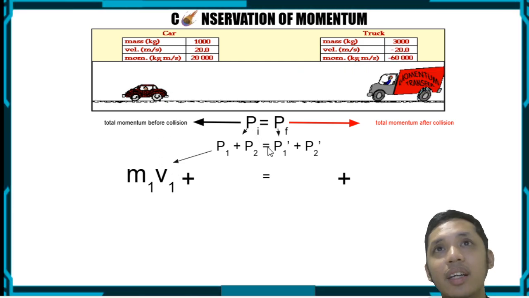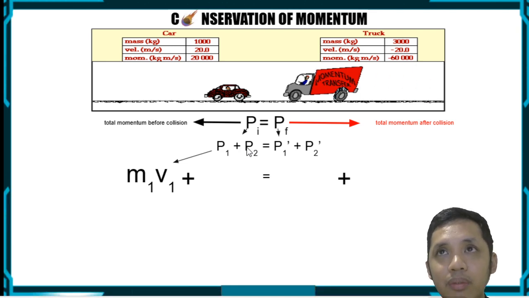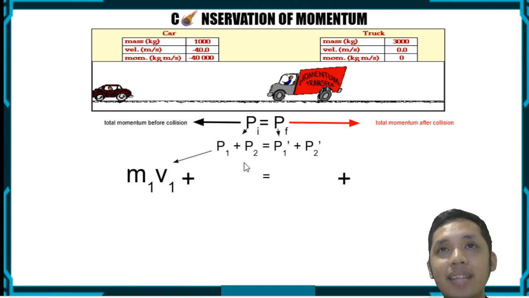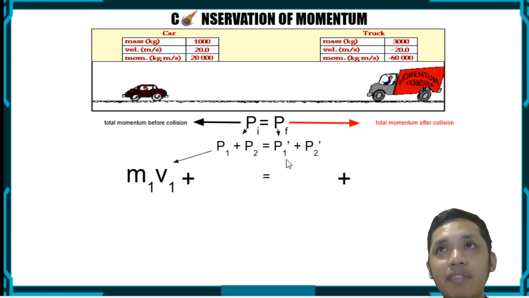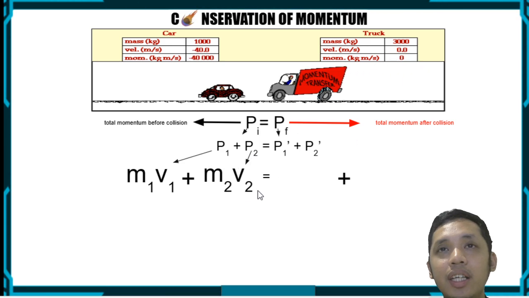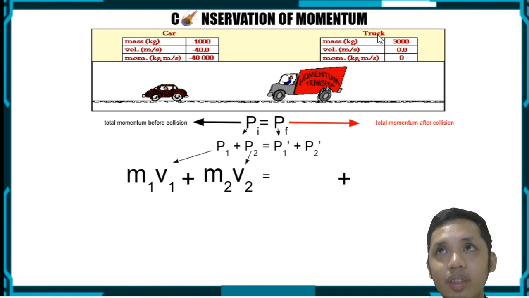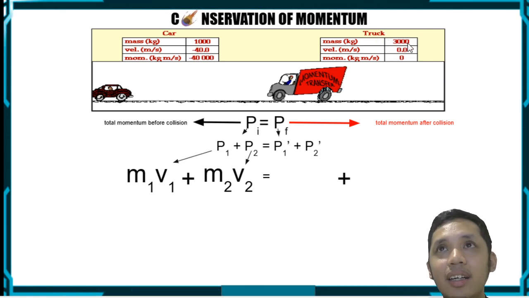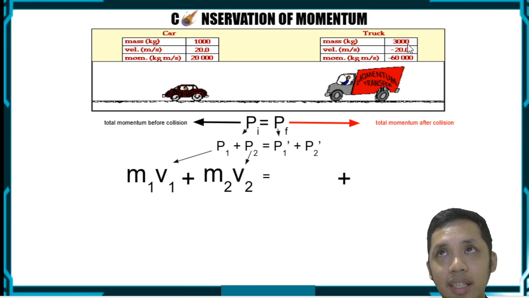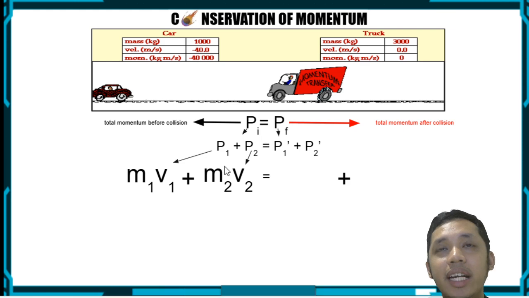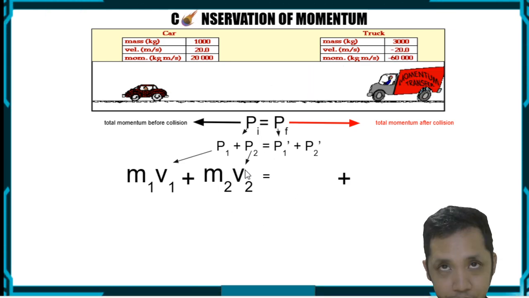And then for P sub 2, that is the mass of the second vehicle and the velocity of the second vehicle before the collision.